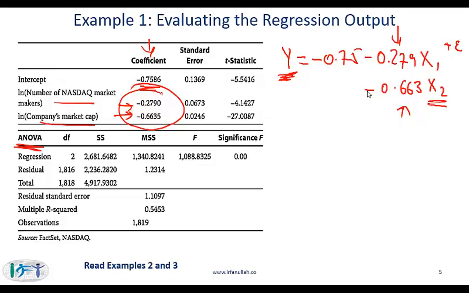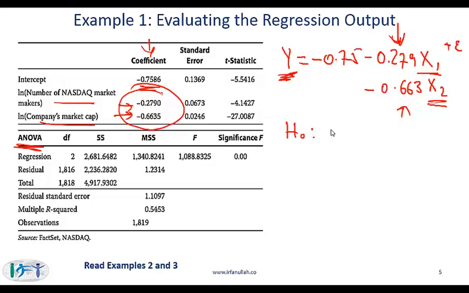All right. Now the next point is evaluating whether this is really statistically significant. So you see it's a negative 0.27 and this is minus 0.66. To see whether something is statistically significant, whether there really is a relationship between x1 and y, we take a null hypothesis. That null hypothesis is that the coefficient is 0.